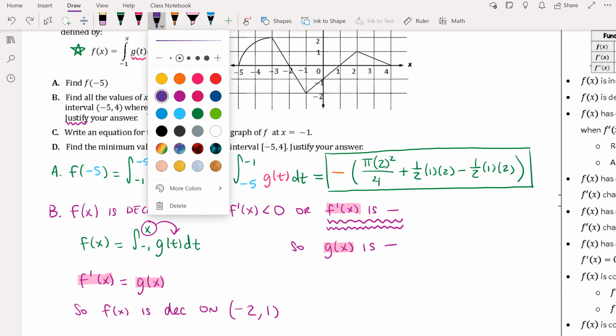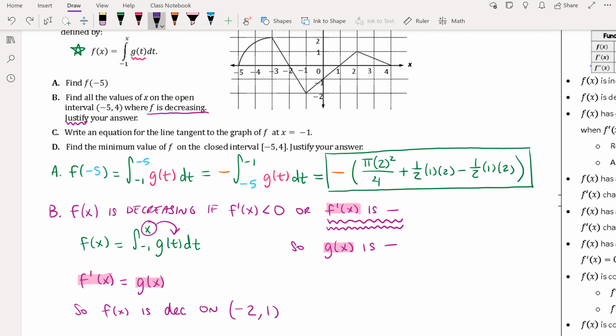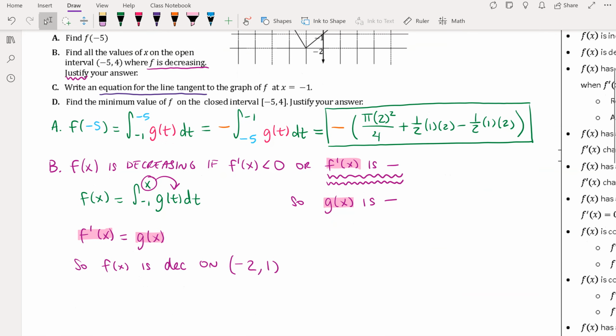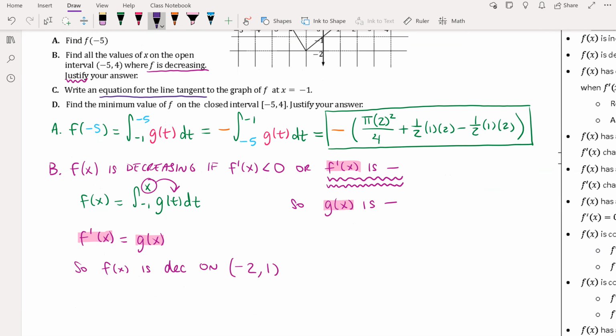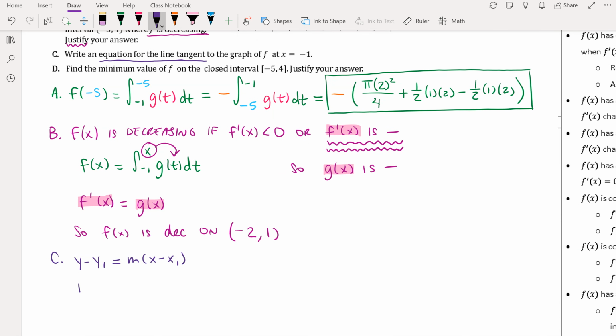Part C. Write an equation for the line tangent. Okay, when we see these words, equation for the line tangent, before you even read the rest of the question, I want you to write the things that we know we need for the equation for the line tangent. We need the equation of a line, so y minus y1 equals m times x minus x1. And then we need a point. Remember doing this? And we need a slope.